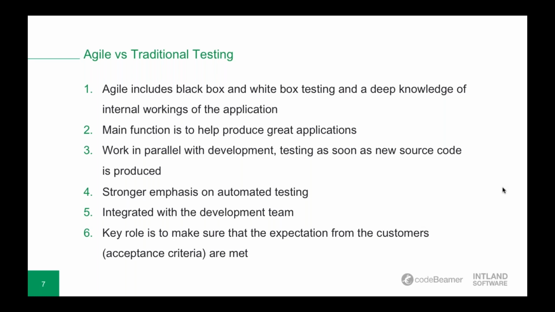So it's usually black box testing and there's not necessarily a need for deep knowledge of the application. Okay, the main function of Agile QA is to help produce great applications, while in Waterfall, it's more to certify the quality of the product. In Agile, QA works in parallel with development and testing. So testing is done as soon as new source code is produced, while in Waterfall, you work in branches usually.